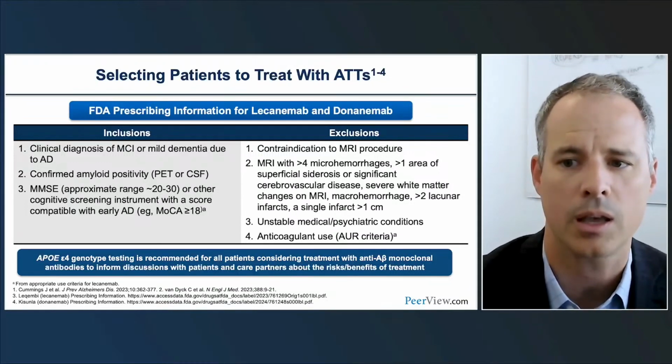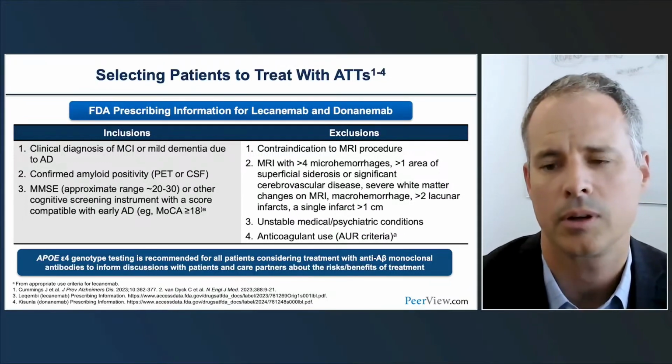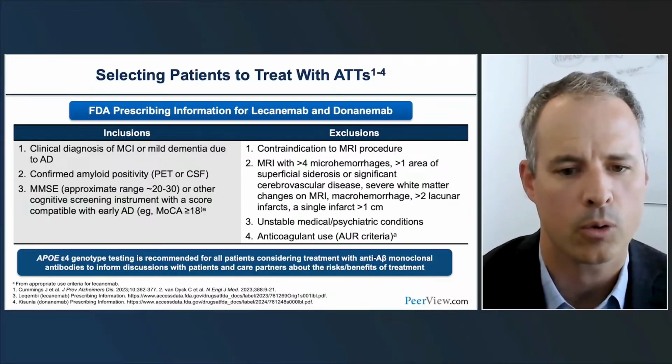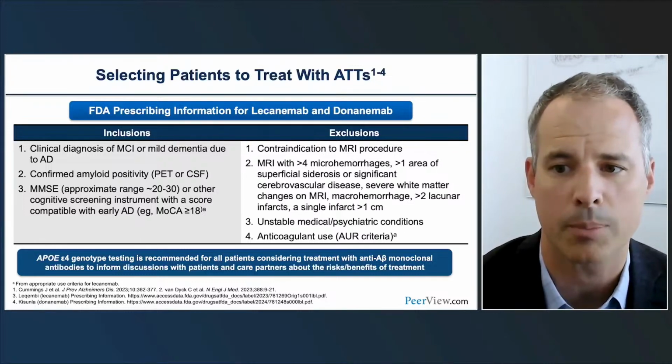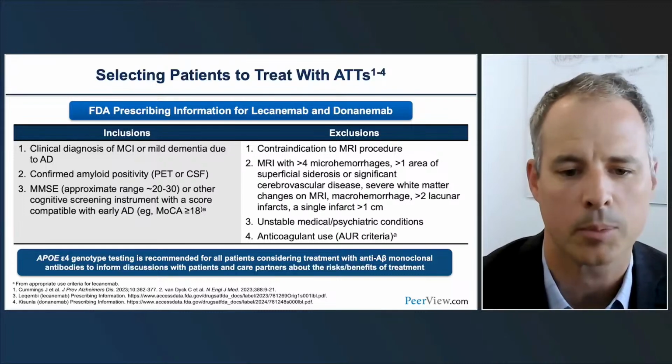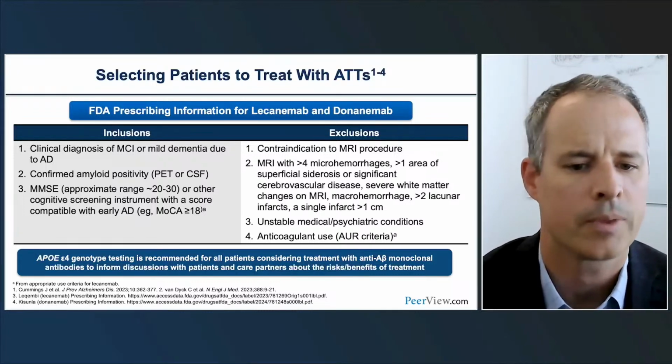So evidence of sort of active or pretty severe vascular disease, or cerebral amyloid angiopathy, which portends a bad risk for ARIA. Also, people with unstable medical and psychiatric conditions.